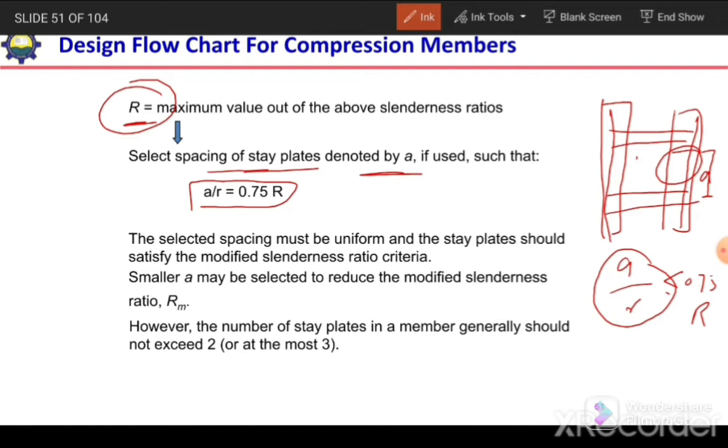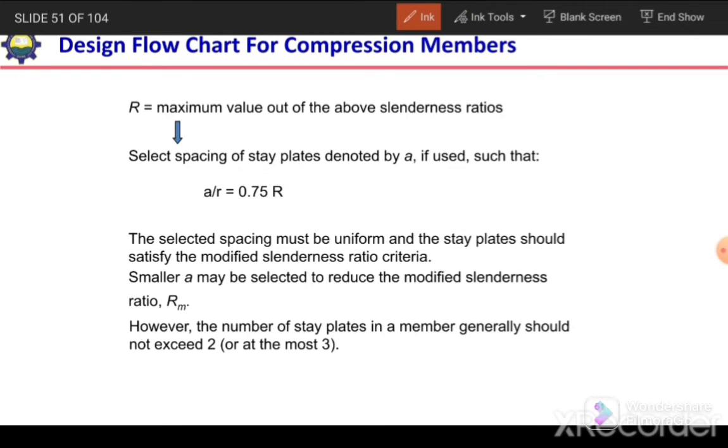After satisfying this expression and selecting the value of a, we have decided how many stay plates will be used and what will be the spacing between them. One thing we need to keep in mind is that the spacing between all the stay plates should be uniform, and we can only go for 2 or 3 stay plates. We cannot use more than 2 or 3 stay plates in case of a built up section.